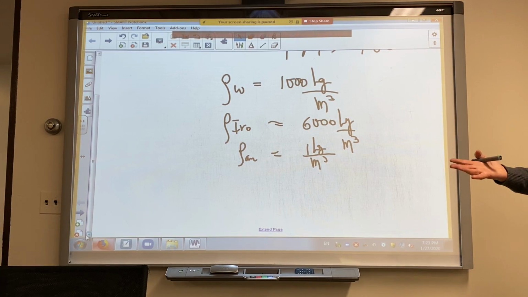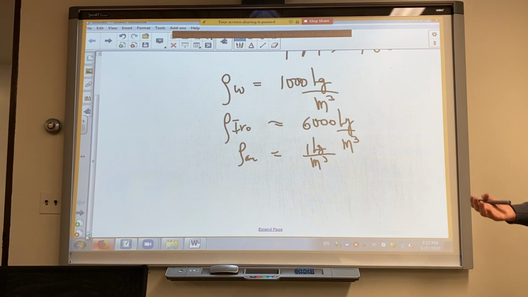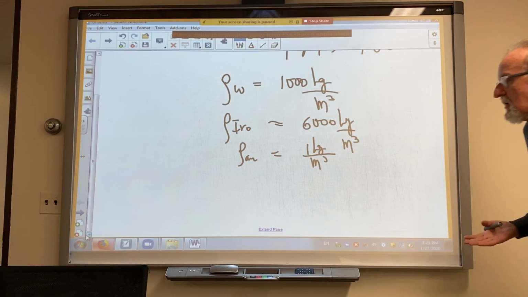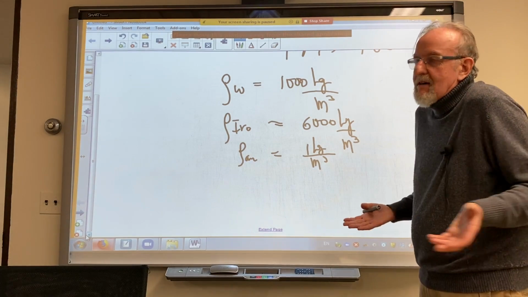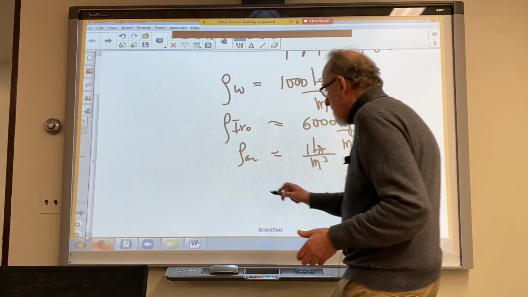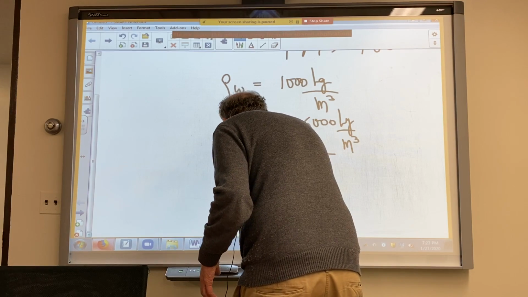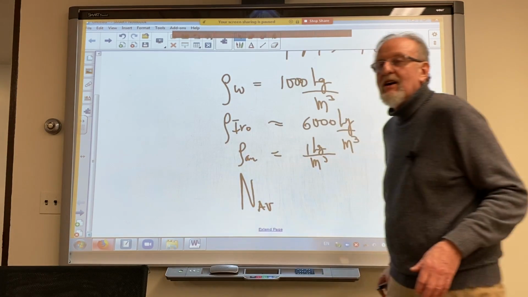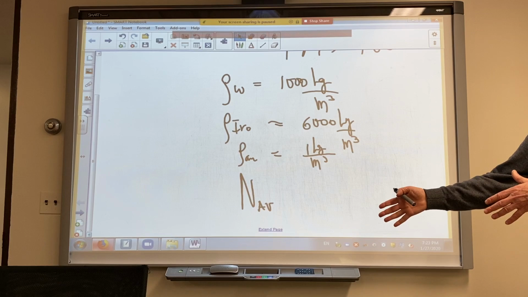So the assumption is that when you have a solid, the atoms are packed solid. They are one next to each other, and that's why you cannot squeeze them more. So they said, well, if the atoms are very close to each other, you assume that in a mole you have this number that we have no clue what it is, which is the number of atoms in a mole.